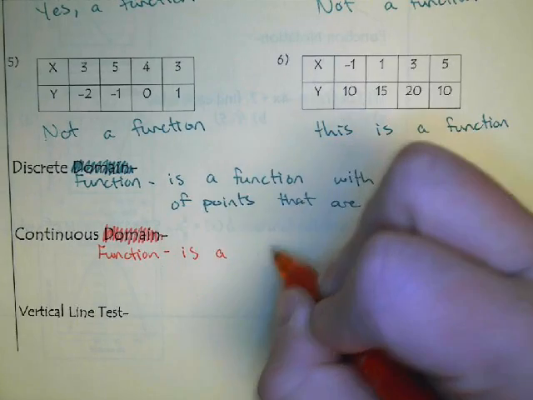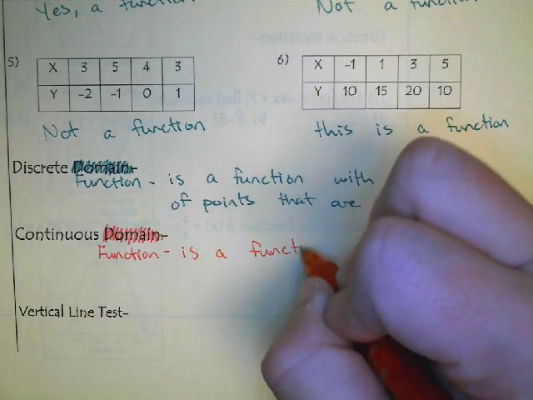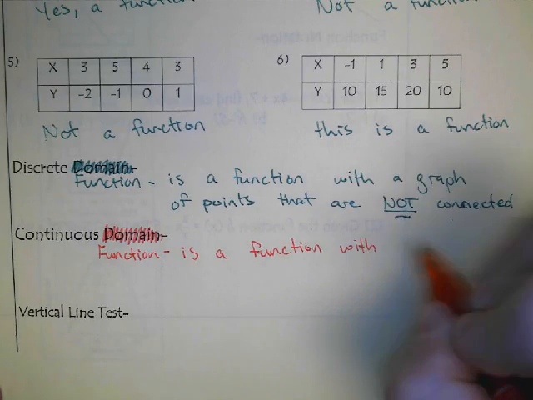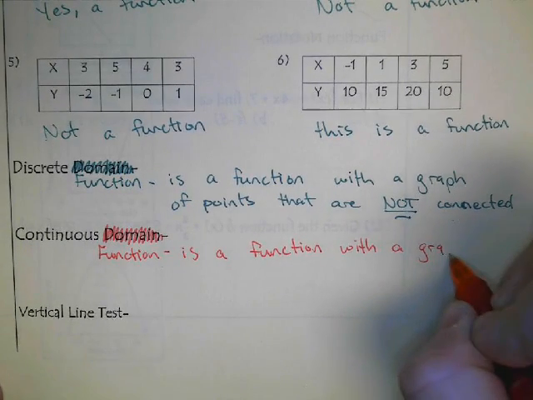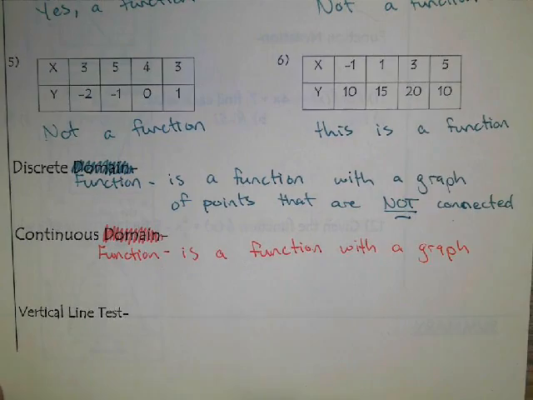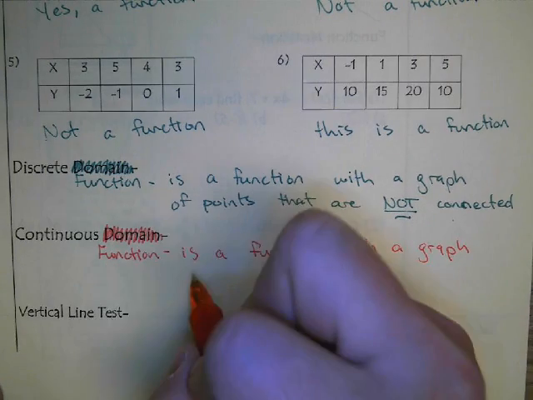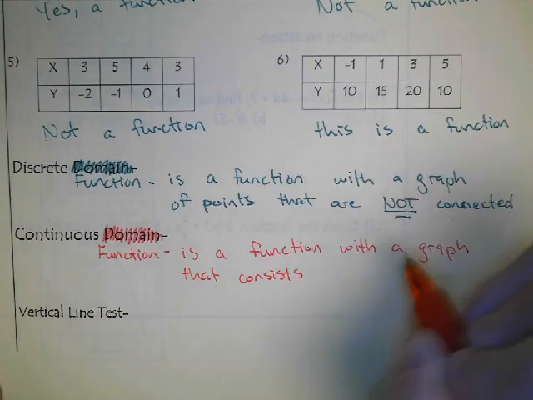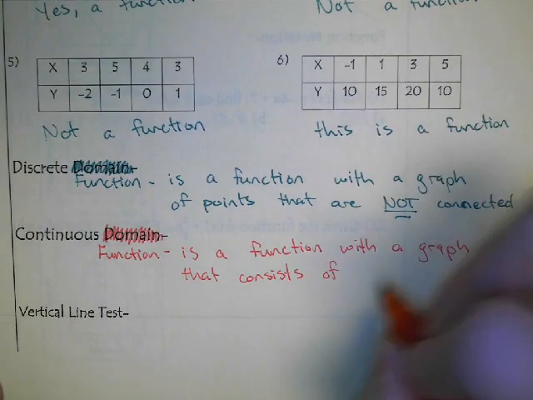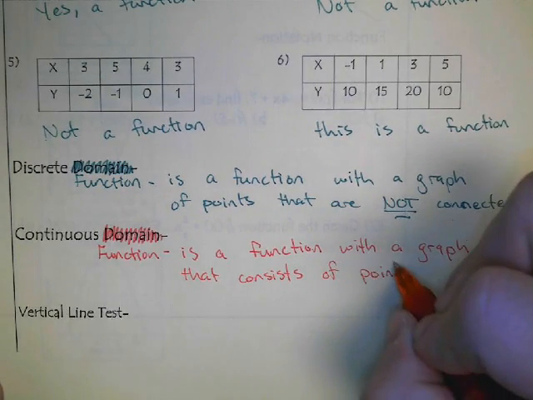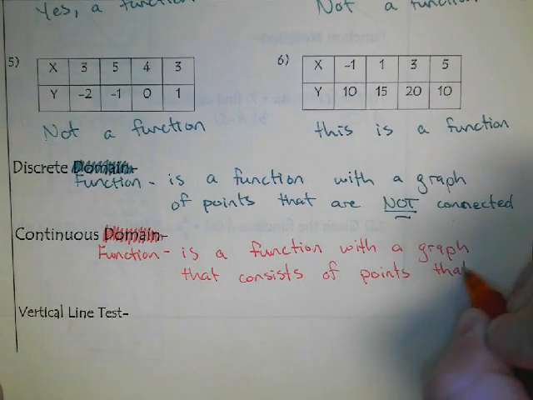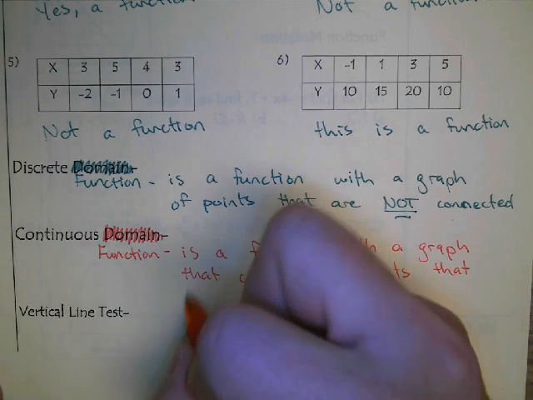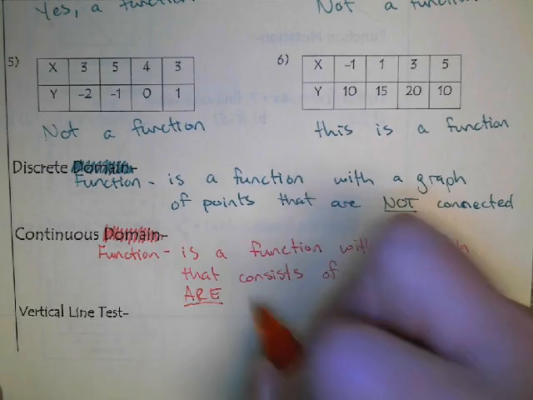A continuous function is a function with a graph that consists of points that are connected.